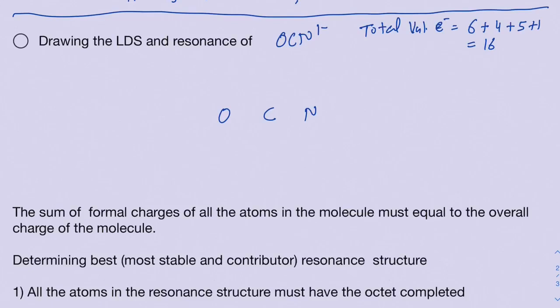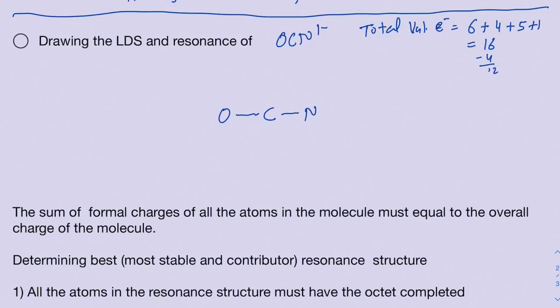So I'll go ahead and put down one bond between the carbon and nitrogen and one bond between the oxygen and the carbon. Okay, so when you do so, how many electrons did you use? Well, that turns out to be 4 electrons used. So when you subtract 4 electrons from 16, you still have 12 more electrons to go.